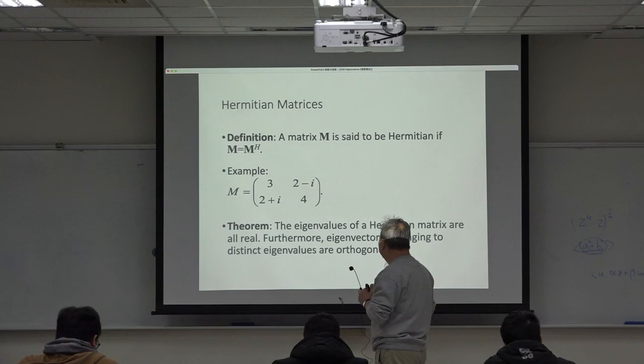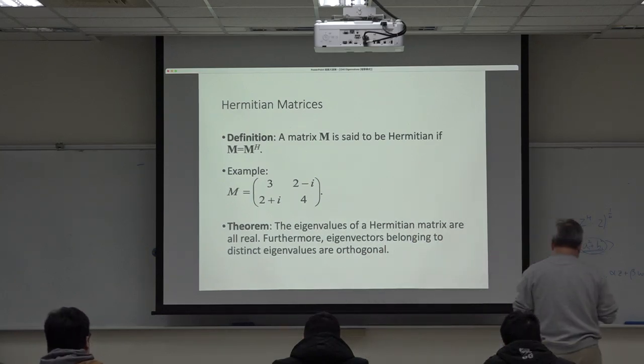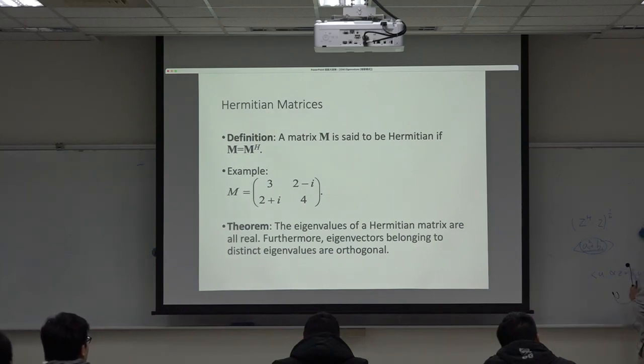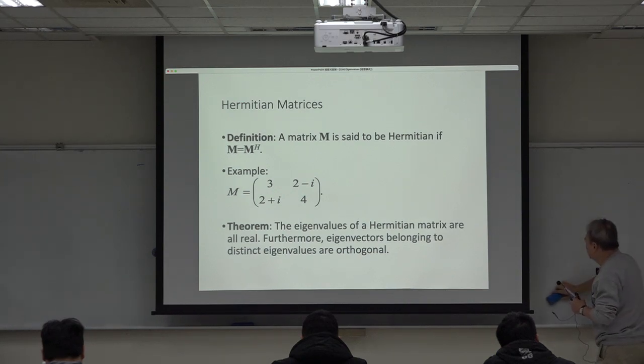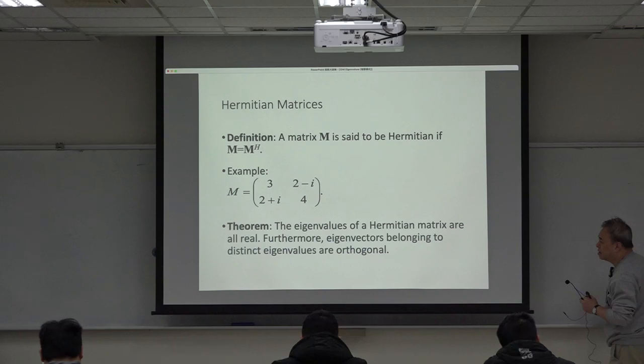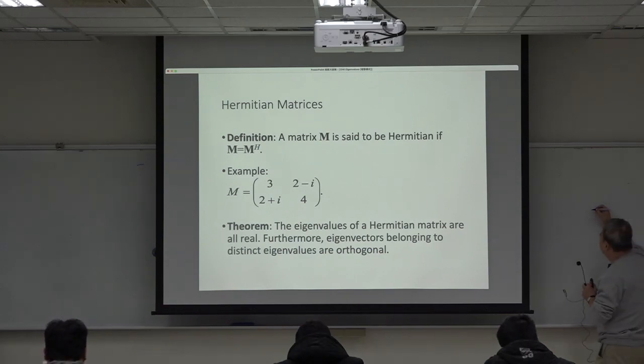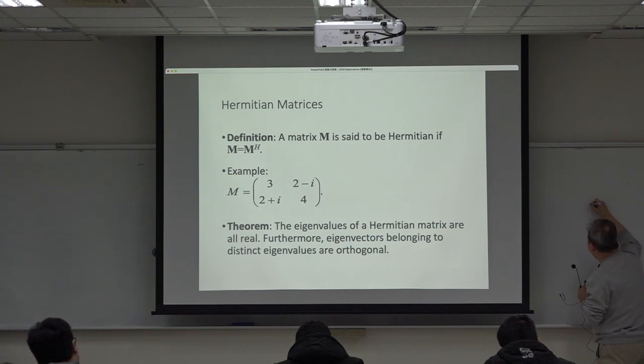So if a matrix is Hermitian, we know A equals A^H, right?